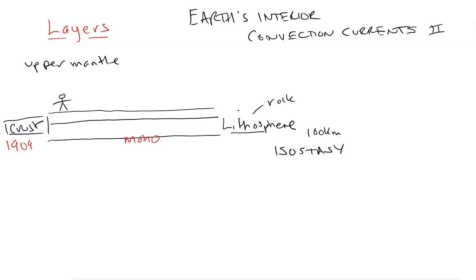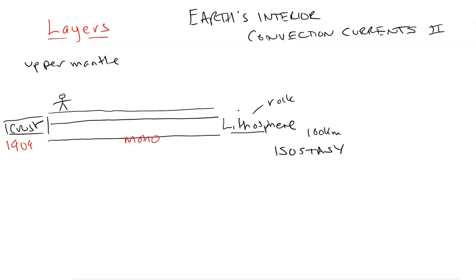So what he did was he measured the velocity or speed from the earthquake to seismic recorders or stations on the surface, and he would record at different distances these waves, and he figured out that the deeper the wave, the faster it went.